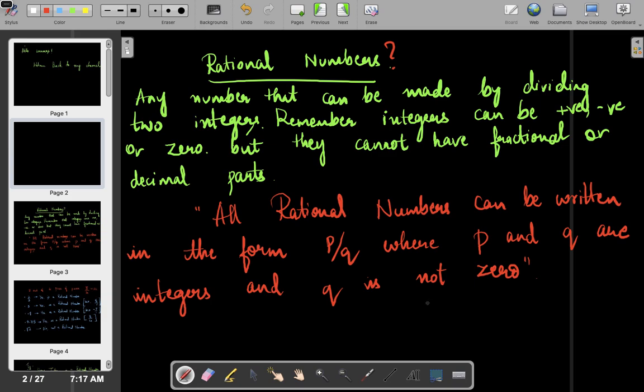Let me give you a real-time example. Consider you have eaten 3 out of 4 pieces of pizza. So how are you going to represent it as? 3 over 4, which is a rational number.